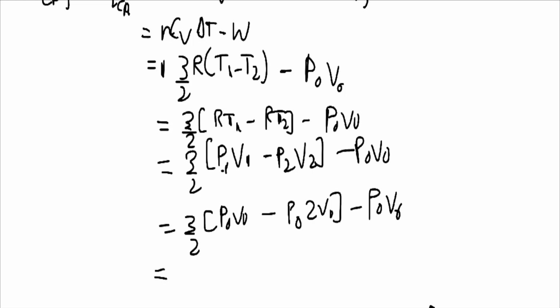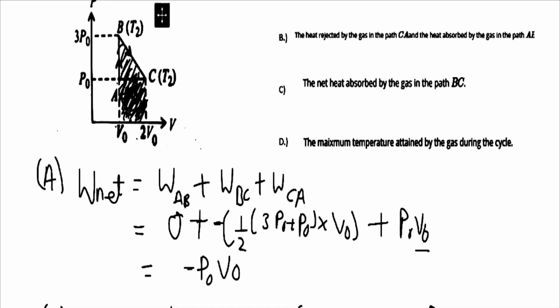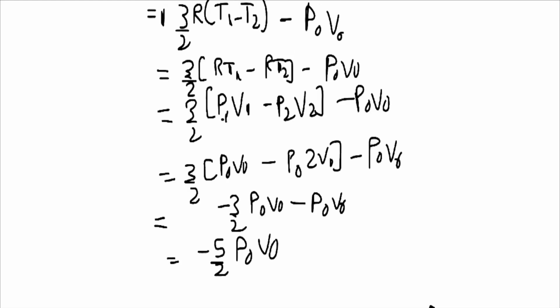So on further simplification, you will get minus 3 by 2 P naught V naught minus P naught V naught, that is minus 5 by 2 P naught V naught. So the net heat rejected by the system, that is heat given by the system, is considered as negative. So QCA is completely 5 by 2 P naught V naught.